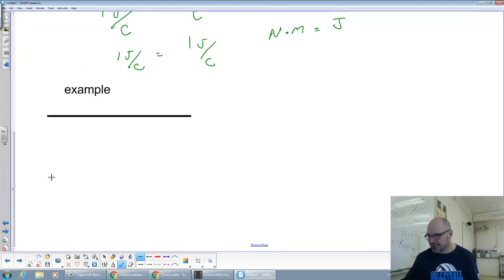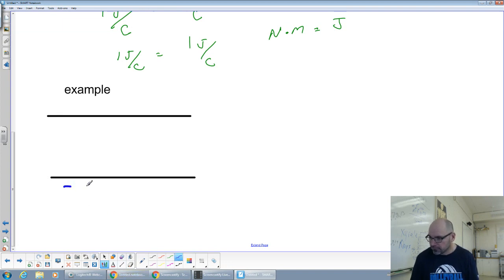So let's say that they're like this. And then let's say that on the bottom here, we have the negative plate. Okay, and on the top here, we have the positive plate. So we're going to have an electric field that creates a force going downwards. It's going to go from positive to negative.